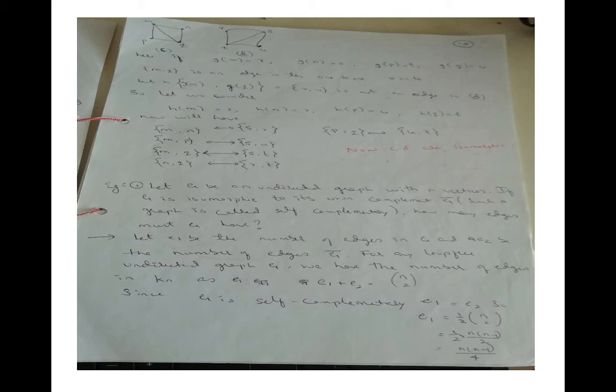Now if I represent, what I'll be getting: M and N is SR, MP is SU, MQ is ST, NQ is RT, and lastly P and Q is UT. If we consider this, we can say that it is isomorphic, but if we consider in reverse order, we'll not be getting it as isomorphic.